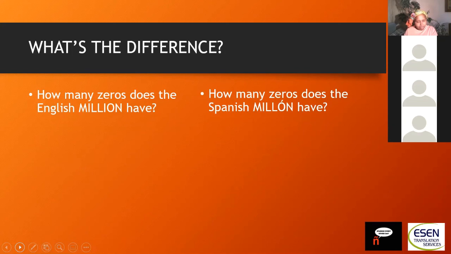In Europe, a billion is 12 zeros, while in the United States, a billion is 9 zeros. Between the European million and the European billion, there's a figure called 1,000 million, and that is what is equal to our billion in Spanish.